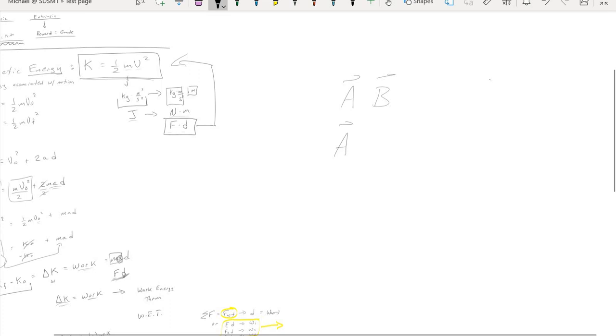And there were two options for multiplying these vectors together. We had something called the scalar dot product, or dot product for short. And we had the vector cross product, or cross product for short.